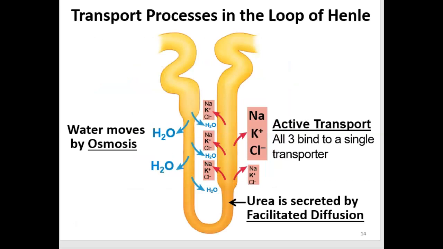Okay, so the transport processes in general would be osmosis for water and active transport for the ions. And when urea is secreted, it's facilitated diffusion, although I will be ignoring that to some extent.